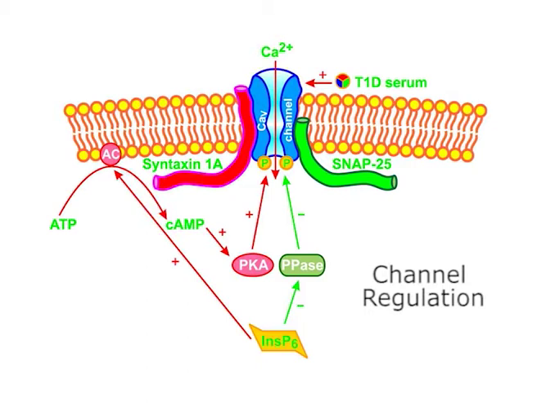Channel regulation. The activated G protein can also open or close ionic channels specific for calcium, potassium or sodium ions and bring about hyperpolarization, depolarization, and changes in intracellular calcium ions.